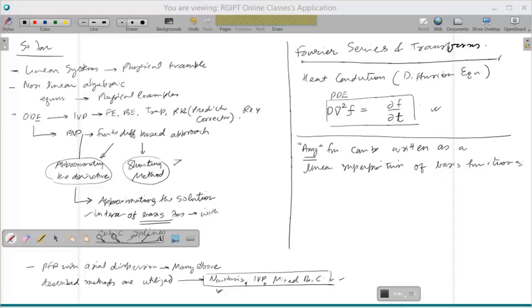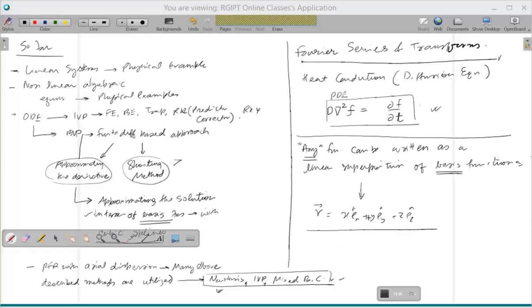Now, this entire idea of basis functions is inspired by the observation in vectors. In three-dimensional space, any vector could be written as x times x-hat plus y times y-hat plus z times z-hat. It's like a projection vector.